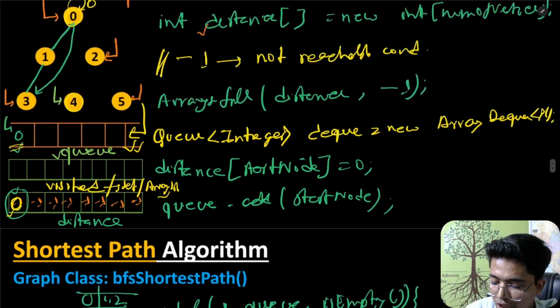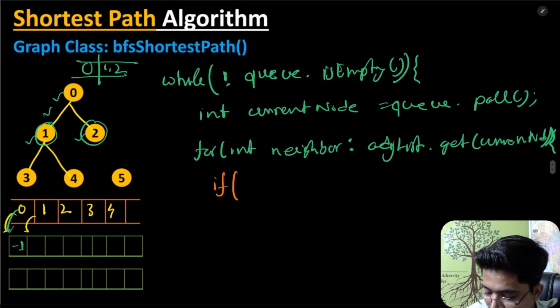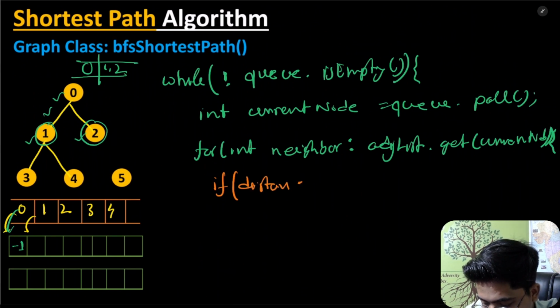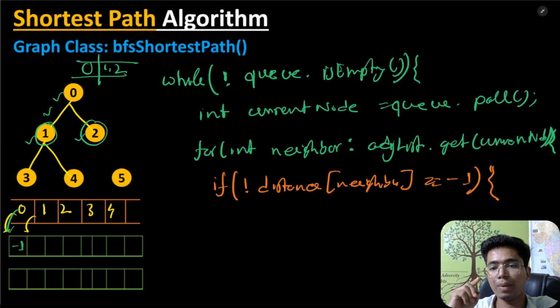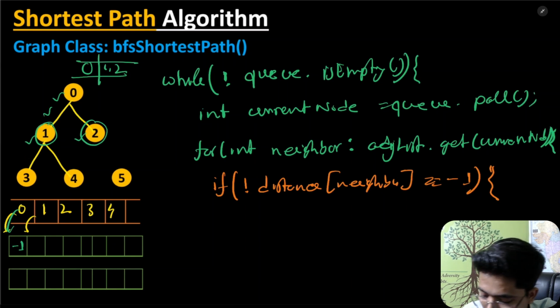So we'll be checking if distance of neighbor equals -1. That means if the distance of neighbor is -1, then we will be updating the distance of neighbor with the current value plus 1.